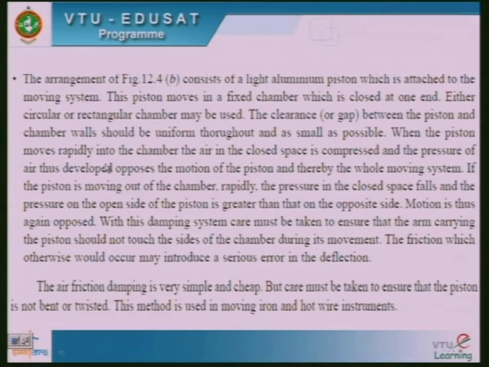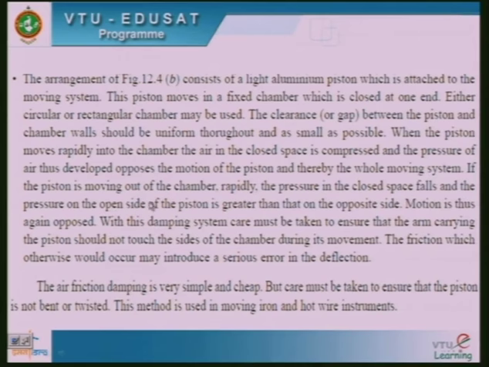When the piston moves rapidly into the chamber, the air in the closed space is compressed and the pressure of air thus developed opposes the motion of the piston and thereby the whole moving system.